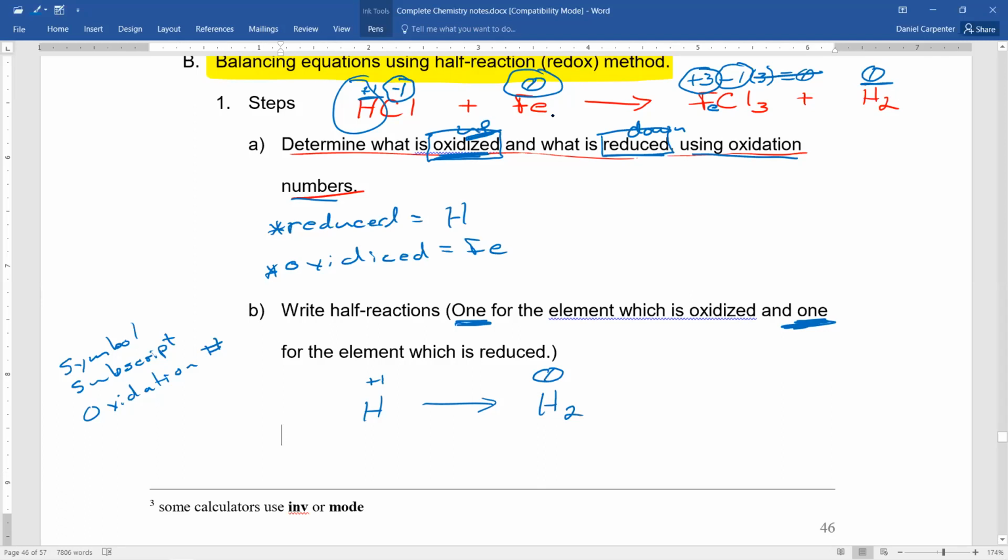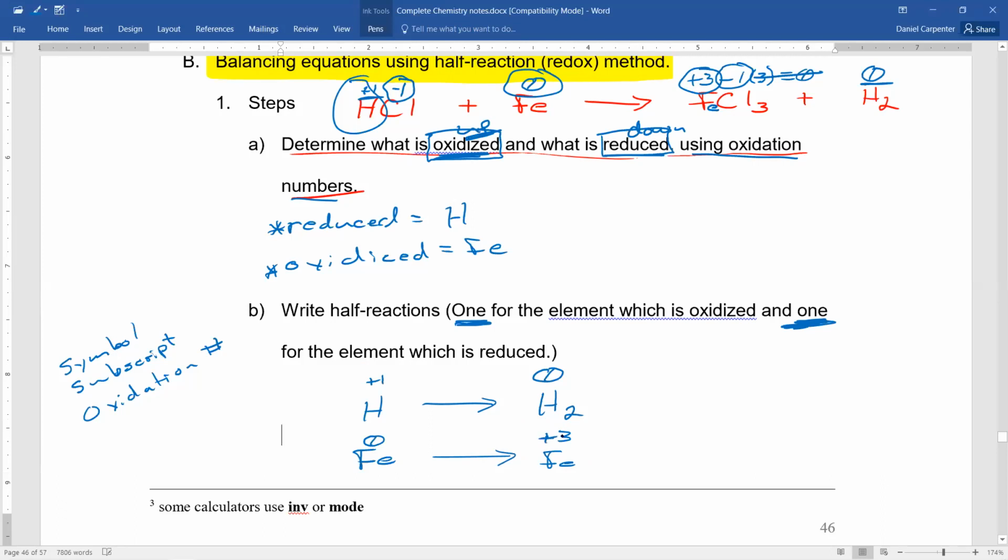Okay, so symbol, subscript is an understood 1. Oxidation number is 0. Arrow, now on the right, symbol is Fe. Subscript is an understood 1. The oxidation number is +3.